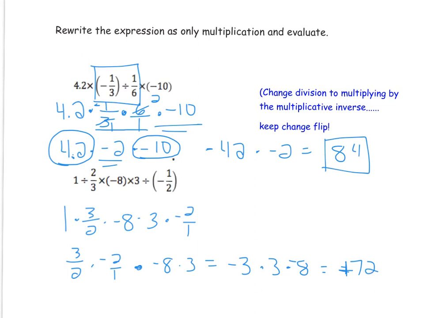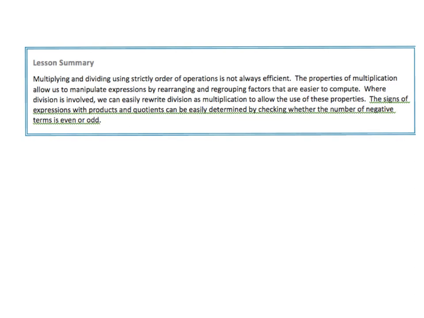All right, so what we learned is sometimes when you're multiplying and dividing, strictly using order of operations, it's not always efficient. So the properties of multiplication allow us to manipulate those expressions by rearranging or regrouping.